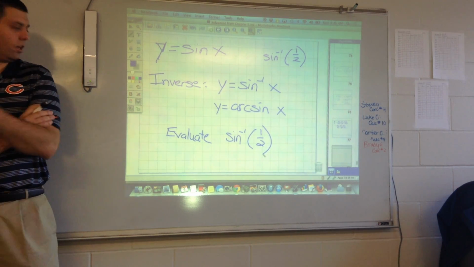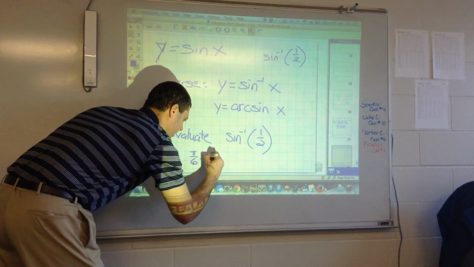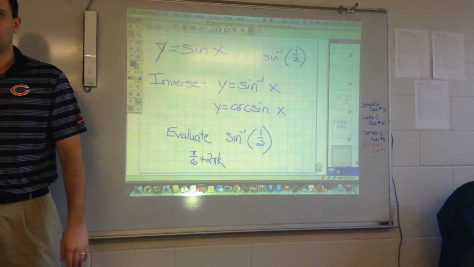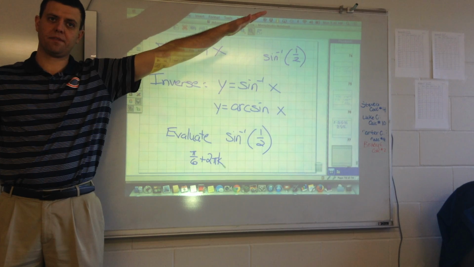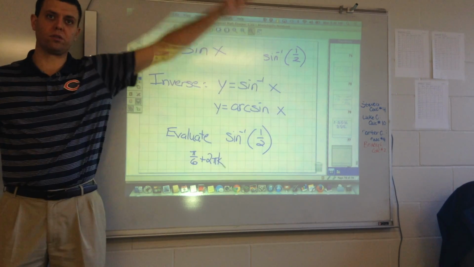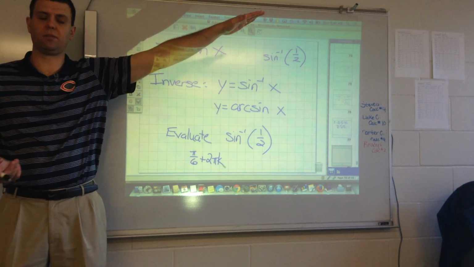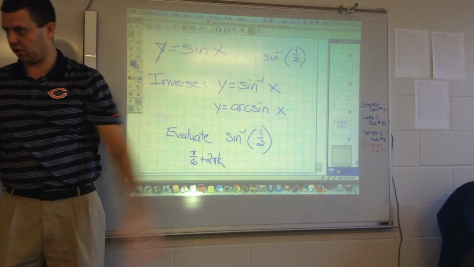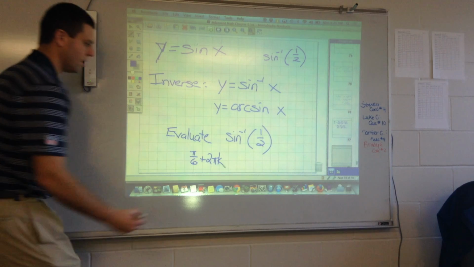If you wanted to write every possible answer, you'd have to write pi over 6 plus 2 pi k, where k is an integer. Because pi over 6 is like 30 degrees. If you go around the circle one more time to get to 390 degrees, or 13 pi over 6, you could keep going around the circle, and you'd get those infinite number of answers.